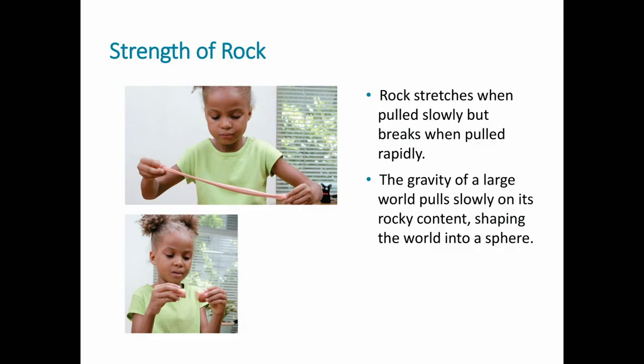If you just had two solid rocks sitting on top of each other, they could never move past each other. But because they're kind of squishy and can be stretched, you can move different densities of these rocks in the mantle past each other, and that'll be important when we talk about how heat cycles through the center of the planet.